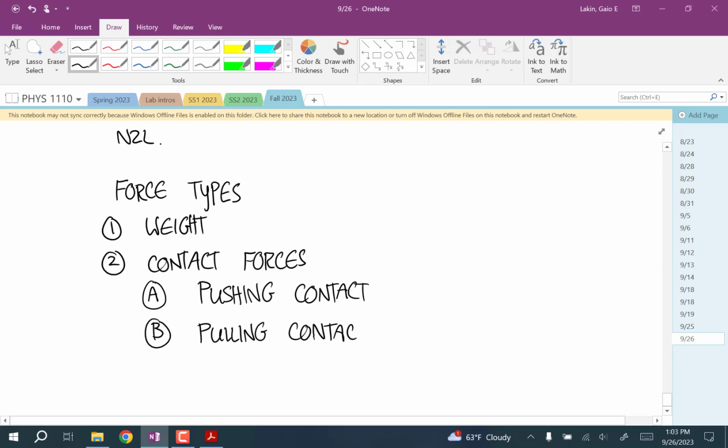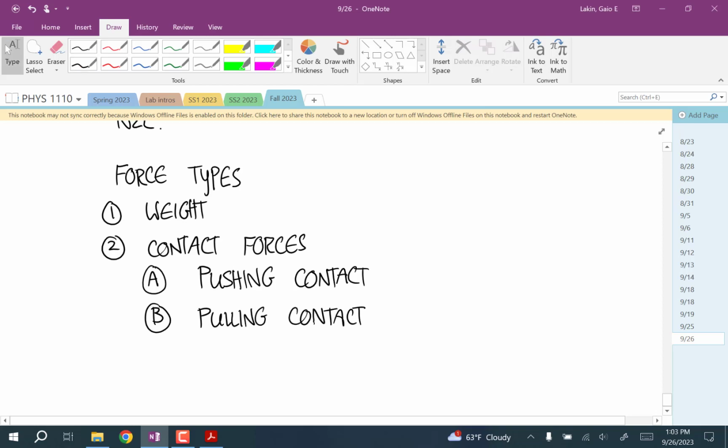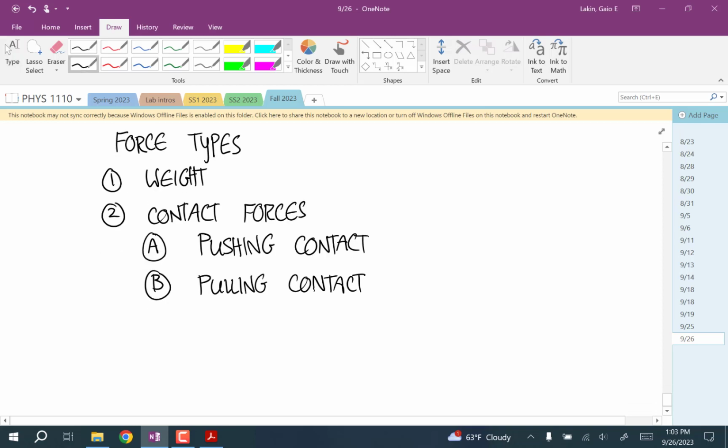And to know whether something's pushing or pulling, a pulling contact is one where the contact could be replaced by a small rope or cable or string, and it would have the same effect on the body.